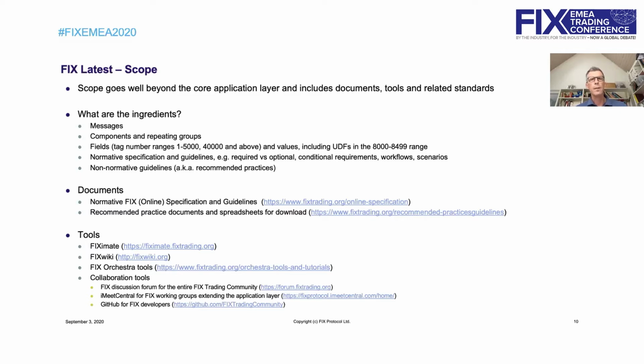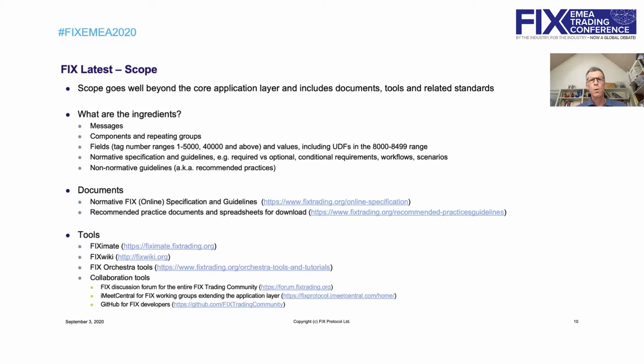So obviously there's the messages and there's the components and repeating groups, all the fields in the different ranges, so standard fields in the range tag number 1 to tag number 5,000 and then tag number 40,000 and above, as well as the specific user-defined range 8,000 to 8,499 for coverage of regulatory requirements for Fix Legacy versions. Then there's the normative specification and normative guidelines, where you have things like required versus optional fields.